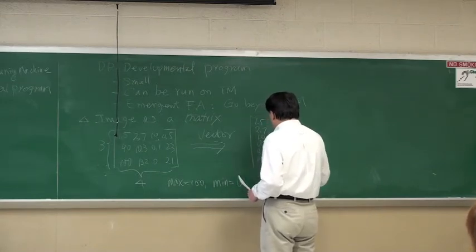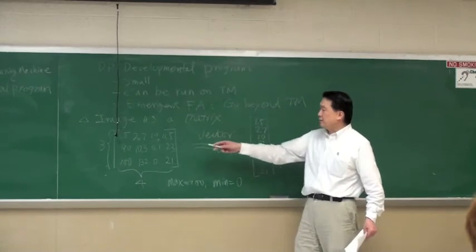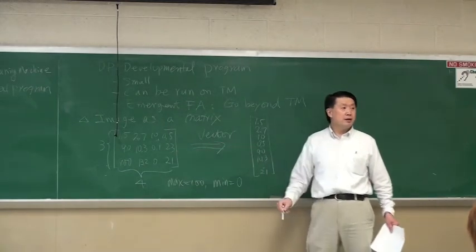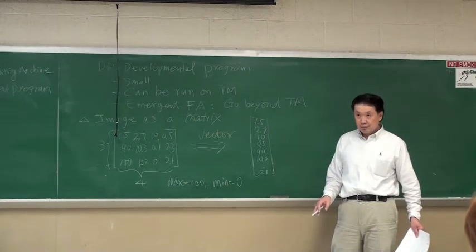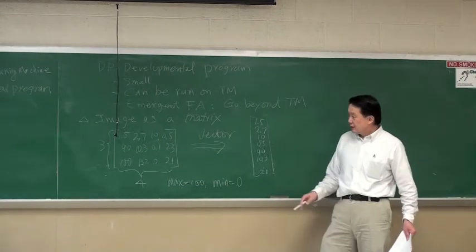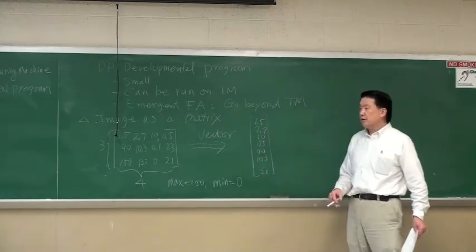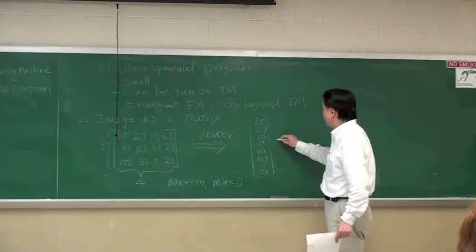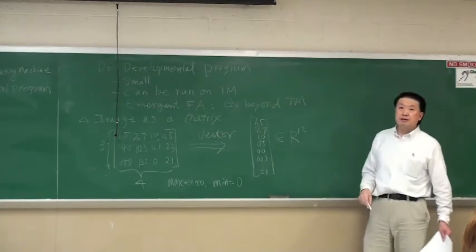So what's the dimension of this vector? You look at how many pixels we have. How many pixels do we have? 12. Yeah, we have 12. So this vector is in R12, a 12-dimensional image.